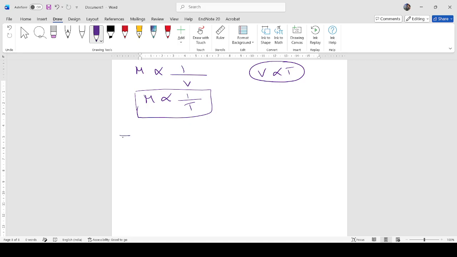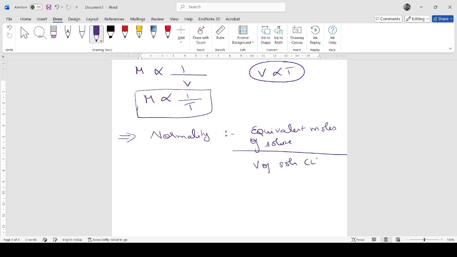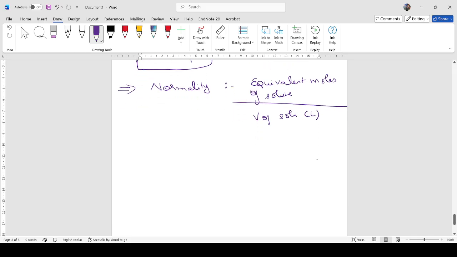The next term is called normality. Normality is nothing but equivalent moles of solute divided by volume of solution in liters. The only difference between molarity and normality is that molarity was concentrating on moles, and normality is concentrating on equivalent moles.